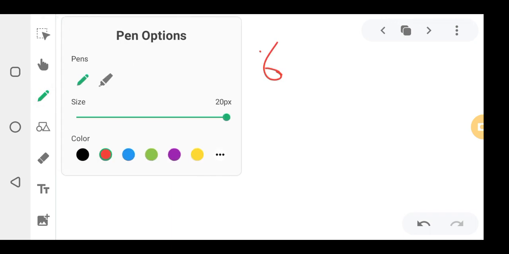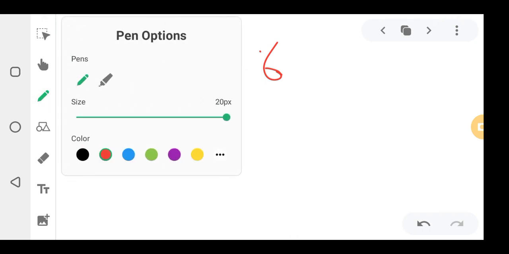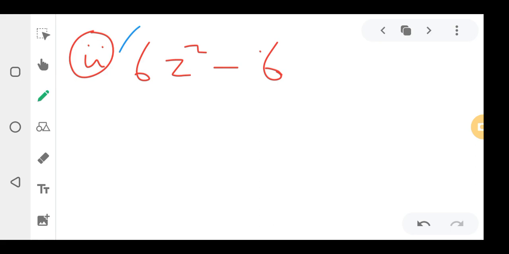They can give you 6z squared minus 6. You remember what I said? When the numbers are the same, this number in front here and the other side, once they are same, you factor out that common number.